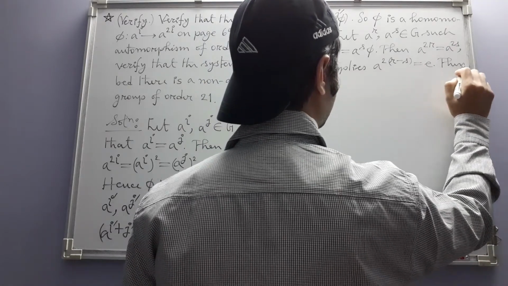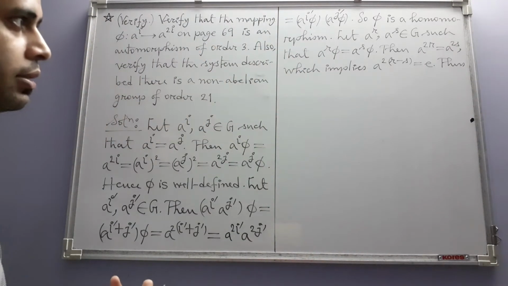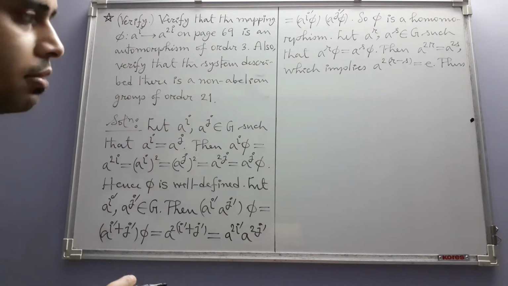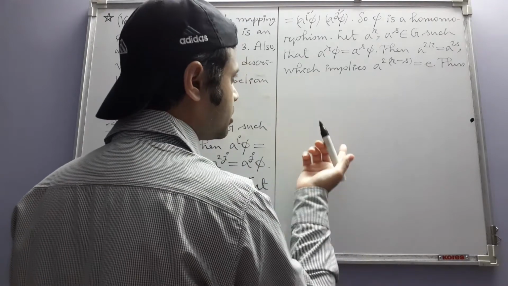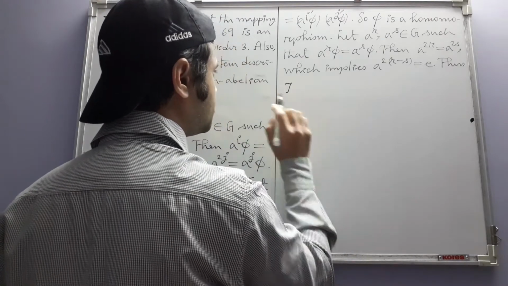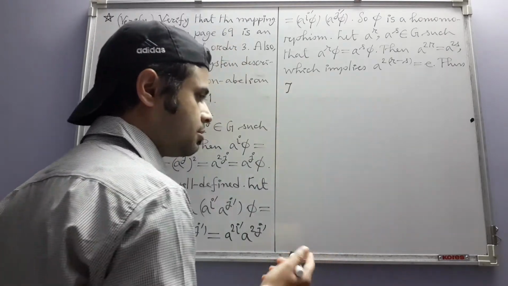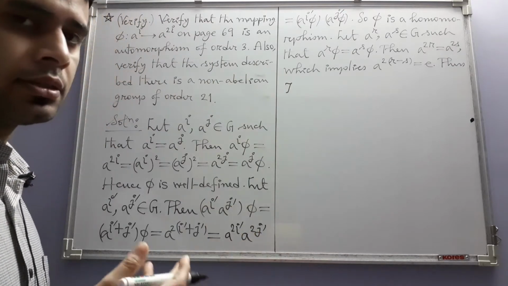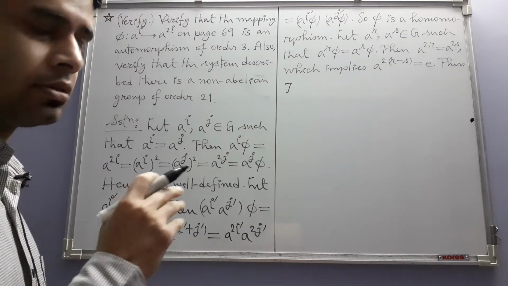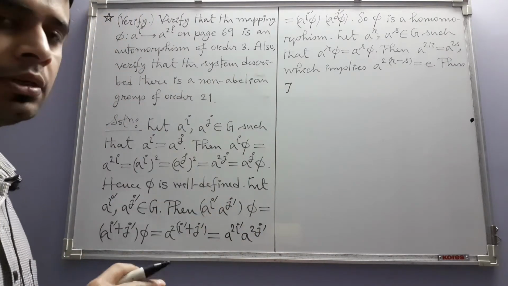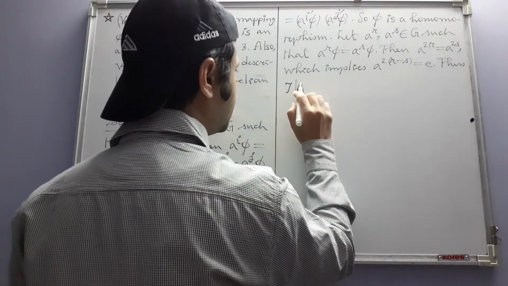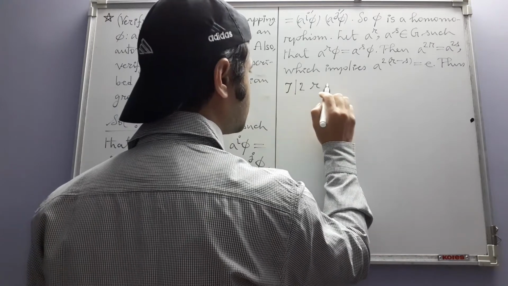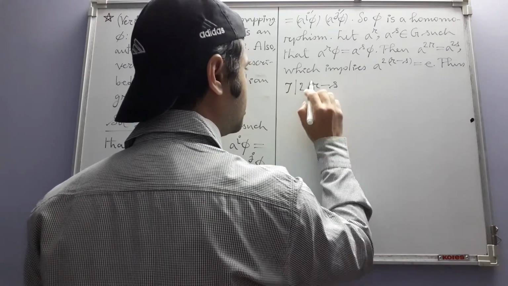Now from this last equation we get the fact that the order of A should divide this exponent, and the order of A is 7 because A generates a cyclic group of order 7. So as an element of that group, its own order is 7. So 7 divides 2 times r minus s.